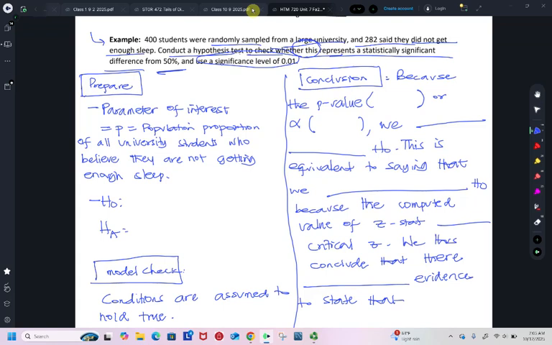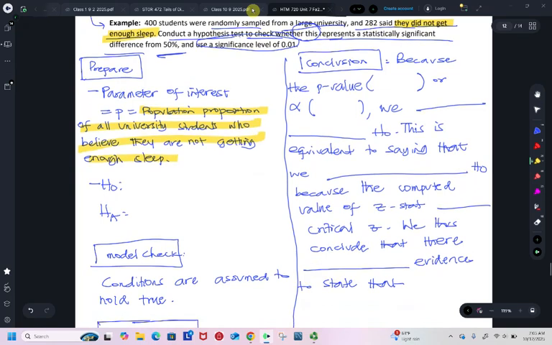All right, back to the question. What parameter are we interested in? That would be the proportion of students at the large university who did not get enough sleep. So, the population proportion of all students who are not getting enough sleep. In this case, we're going to bring in our P. We want to see if it is different from 50%.